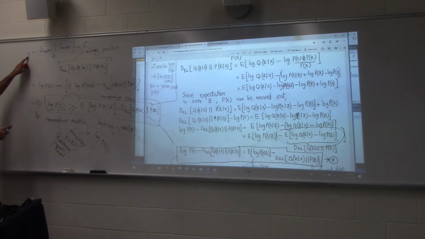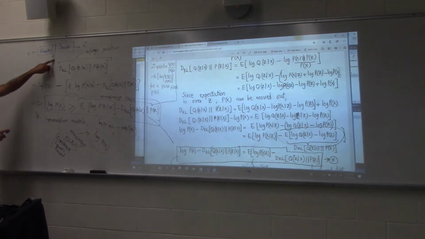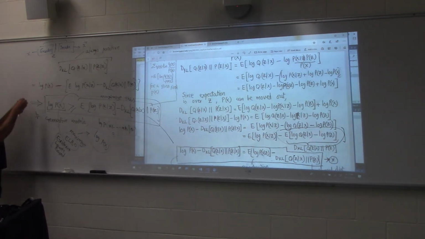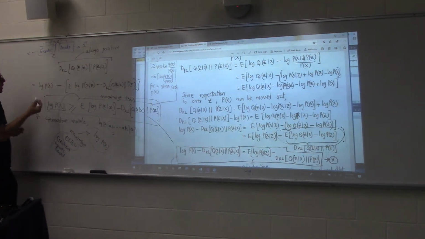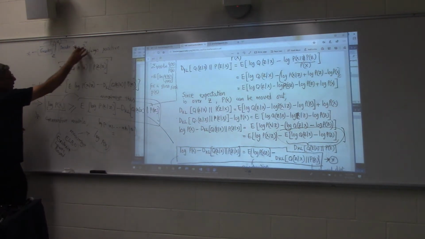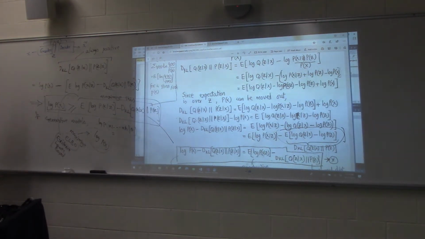So not only do we want to make recovered X similar to X, we also want to force this to a distribution so that we can sample from it. As we went through all of this math, we discussed that we don't know P(X given Z). Because if we knew that, then it's a trivial problem: just sample from it and generate new data. Since we don't know this, as we went through the math, we came up with the evidence lower bound equation. Now this is very easy to see.